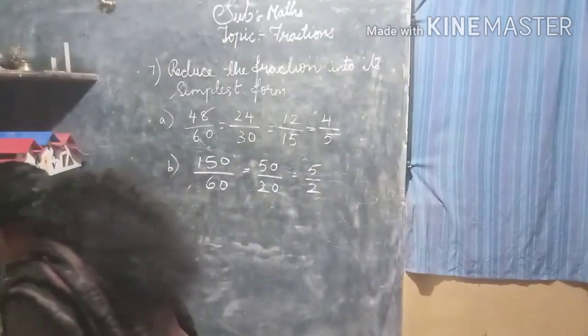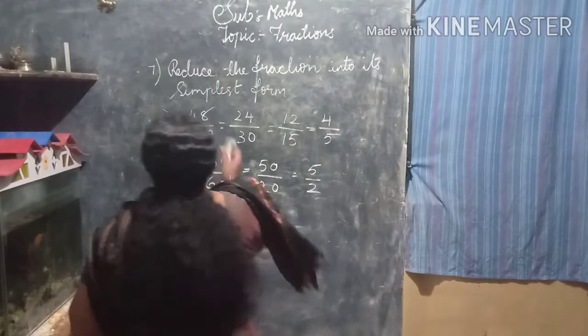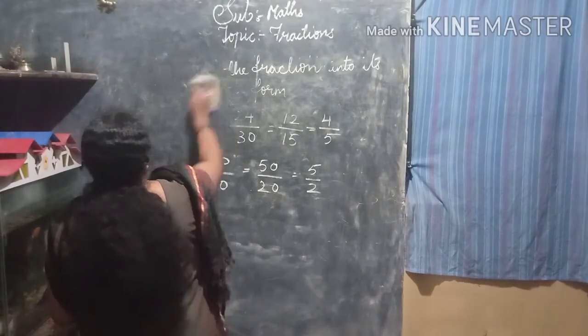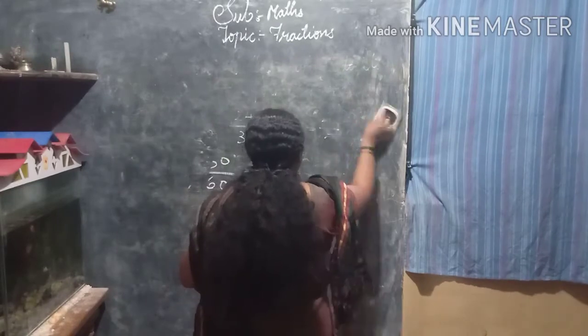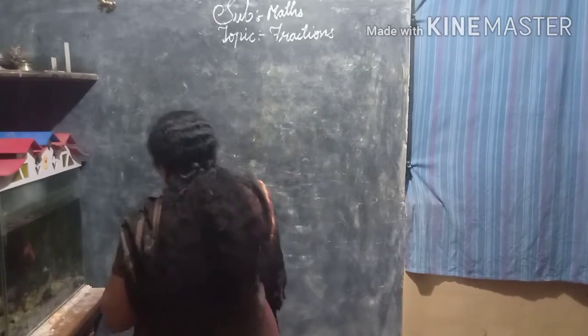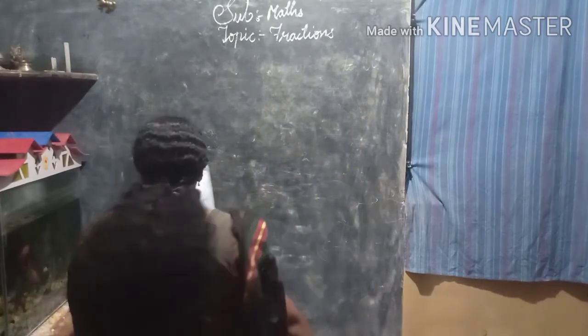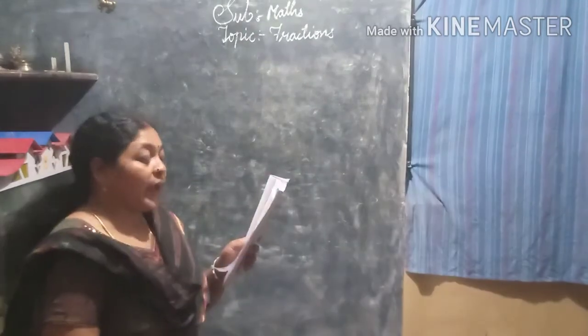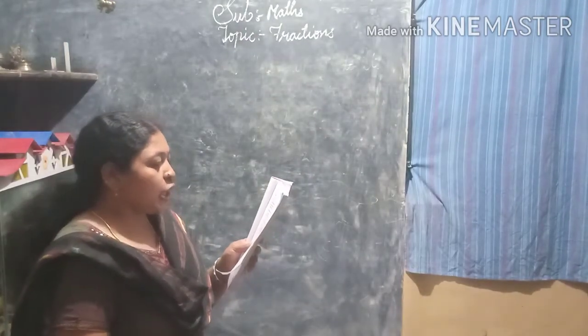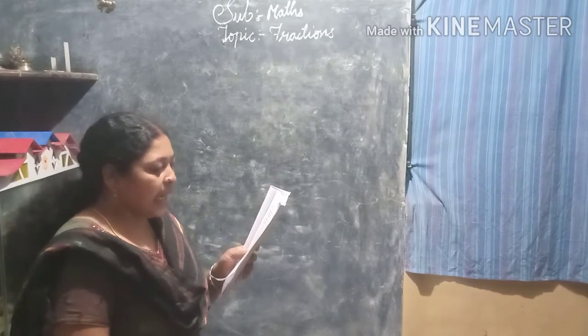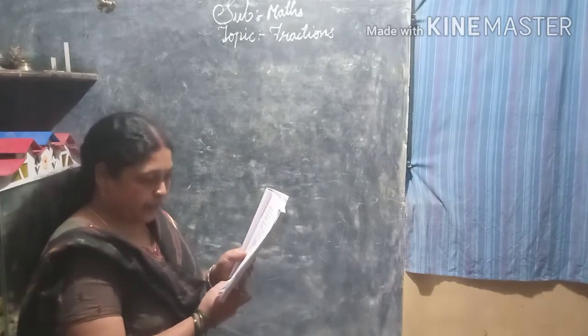So I will go to the 8th one. Here the question says, Ramesh had 20 pencils, Sheelu had 50 pencils and Jamal had 80 pencils.